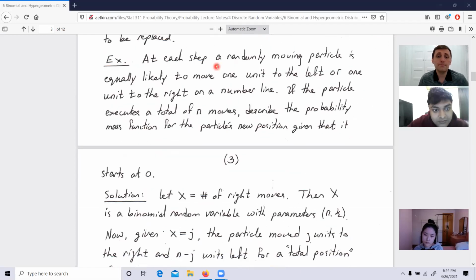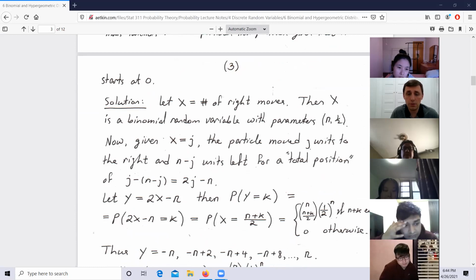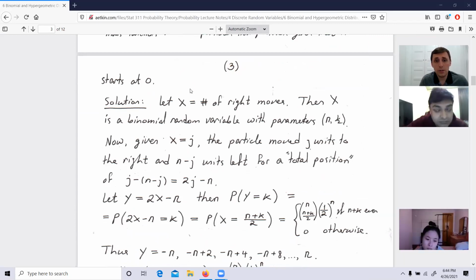So how to do that? Well, we can describe X to be the number of right moves. How many right moves do we execute? Basically, total number of moves is n. Do you agree, guys?